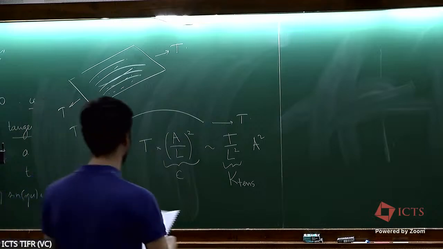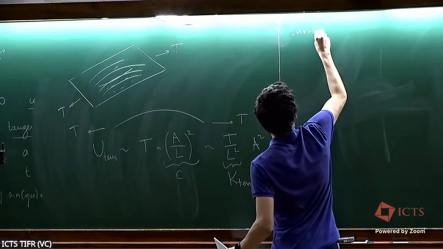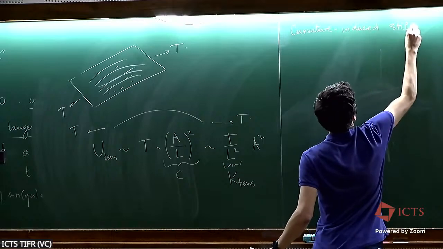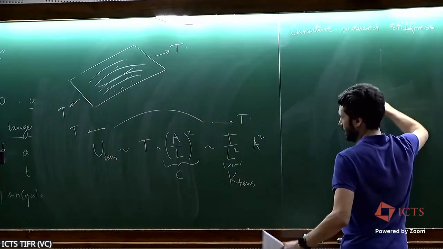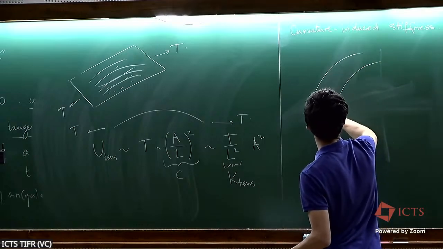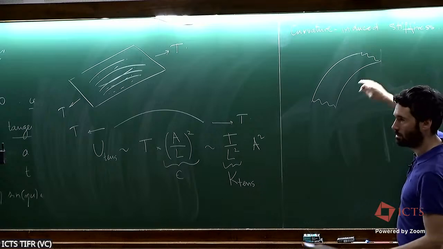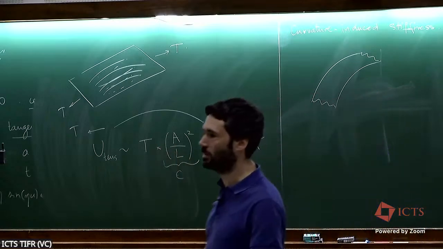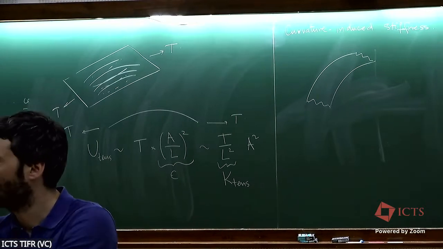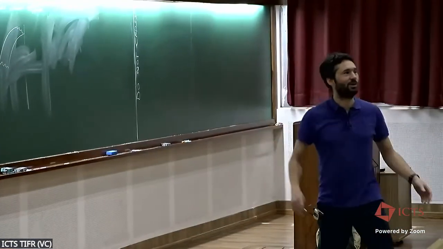Also, another source is curvature induced stiffness, which is this time, imagine that you have a sheet that is for some reason placed on a substrate that is curved. Imagine that this is what happens when you do this, you have wrinkles on your fabric, and they are curved because you don't have a flat infinite arm, usually.